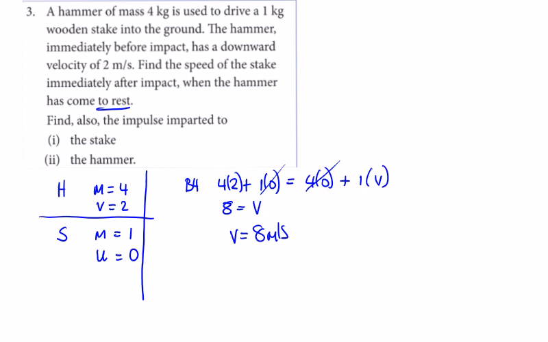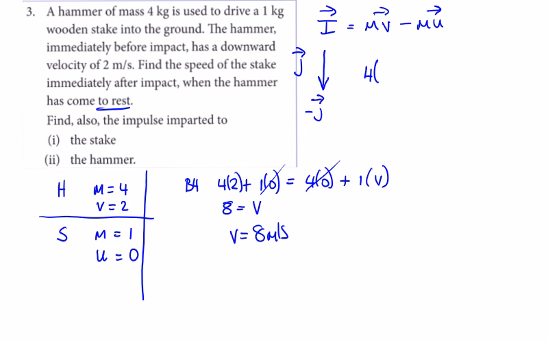Now find also the impulse imparted to the stake and the hammer. Okay, so impulse is mv minus mu. The hammer's going down in this direction, so we're actually looking at J here, aren't we? So we have 4, and that would be negative J to begin with, going down at a speed.